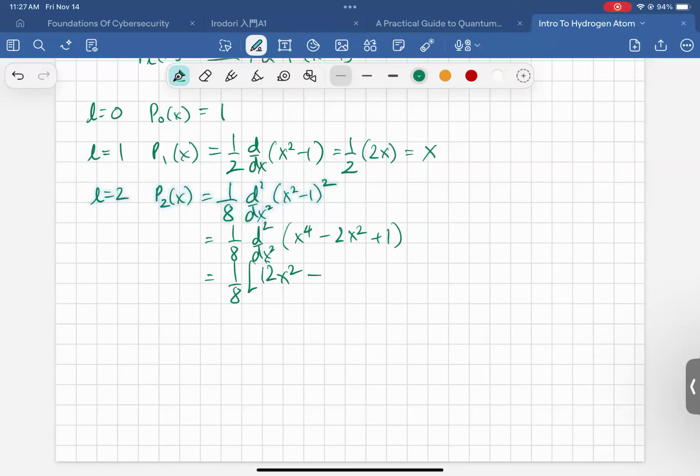So that's 4x and then 4. So pag simplify natin, okay, factor out 4. Okay, so this will become 1/2. Okay, tapos 3x squared minus 1.